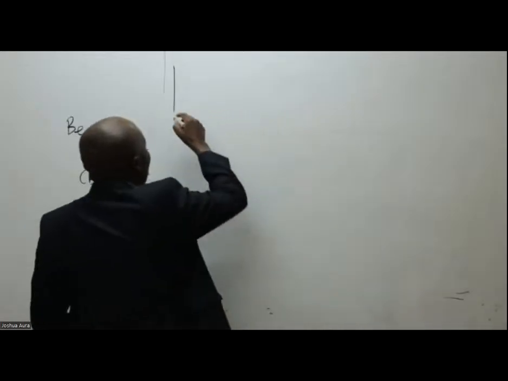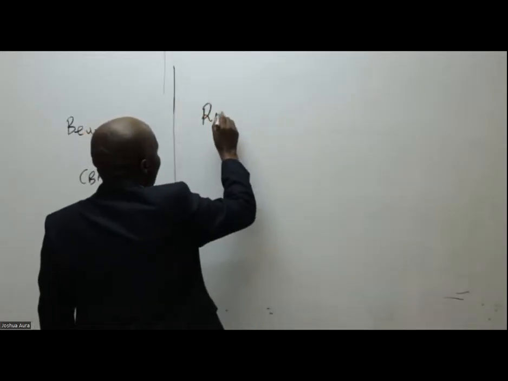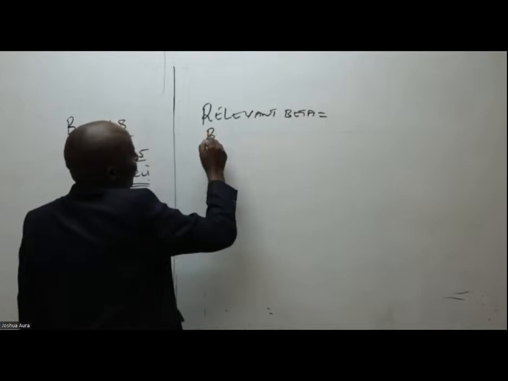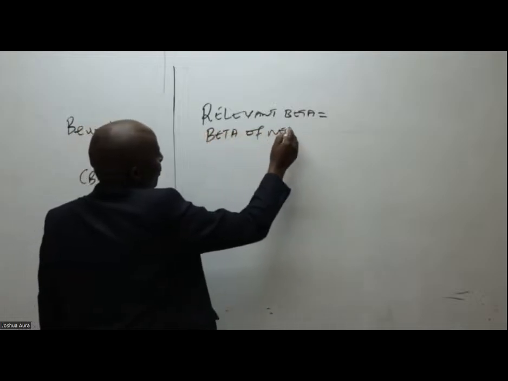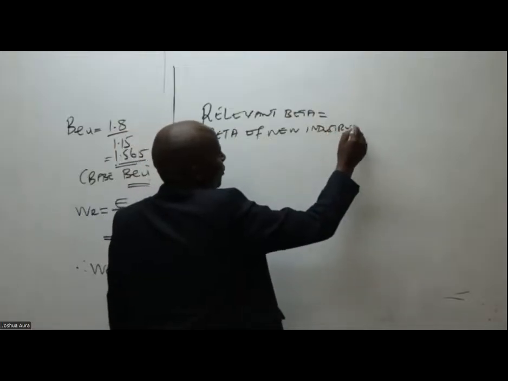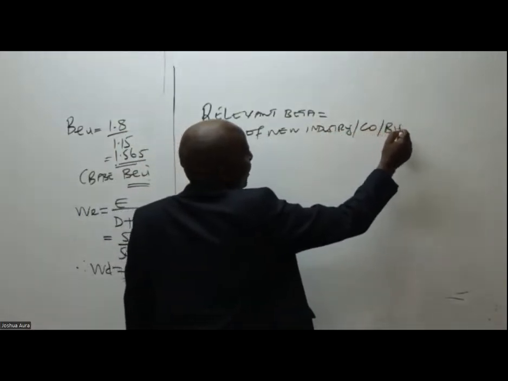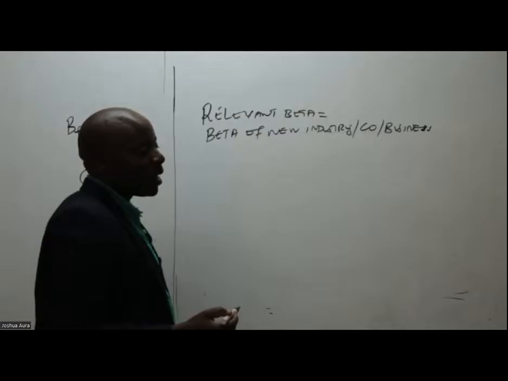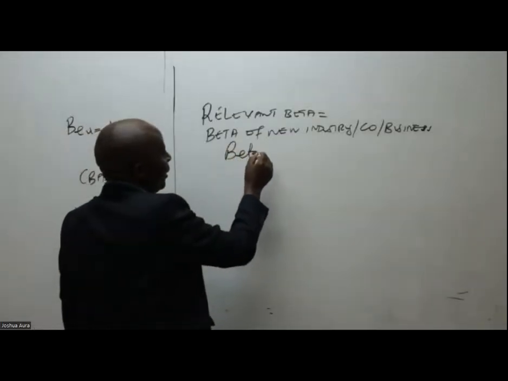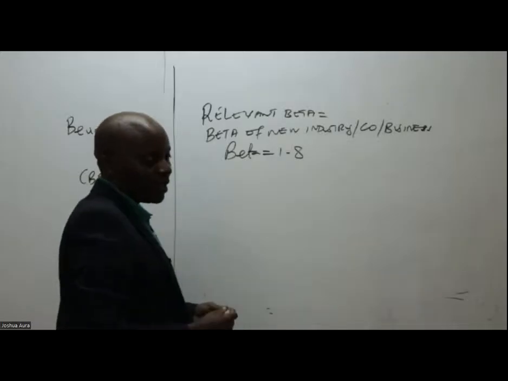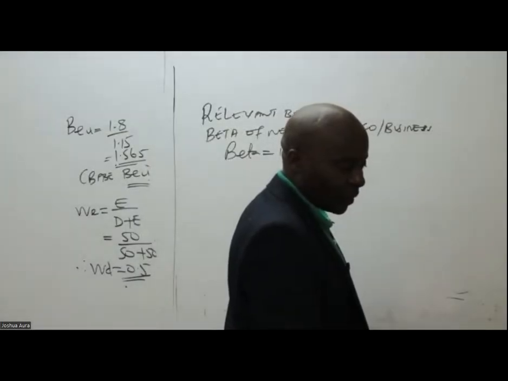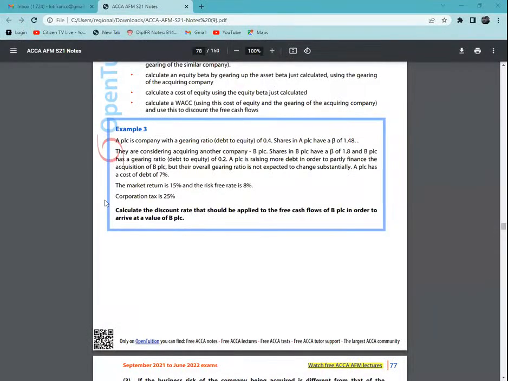The relevant beta is the beta of the new industry, new company, or new business. And this beta that they have given me is a beta of 1.8 of the new business.